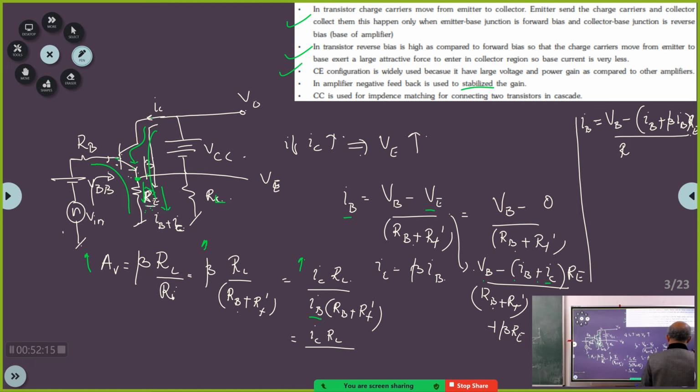So here I will get RB plus RF plus this RE also coming here. RE becomes beta times RE, because in this RE not only IB is flowing, IC is also flowing now. So the effective value of RE seen at this point will be beta times RE.